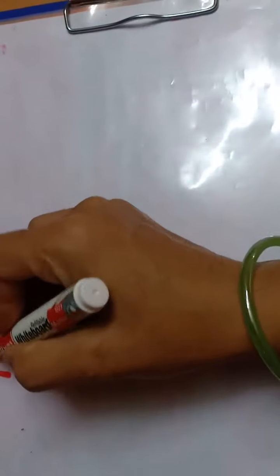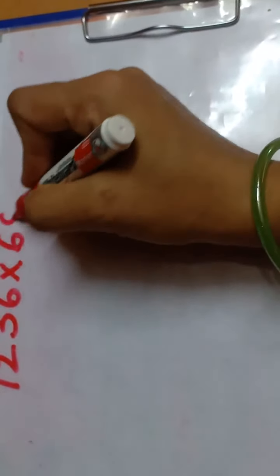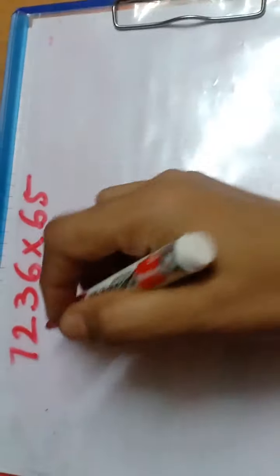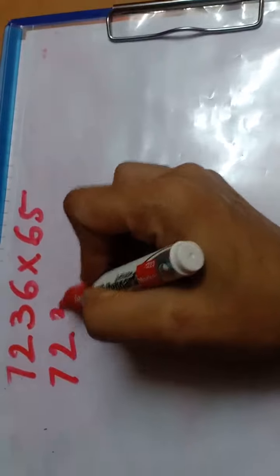Okay, now 8th word problem. A student multiplied 7,236 by 65 instead of multiplying it by 56. By how much was his answer greater than the correct answer?